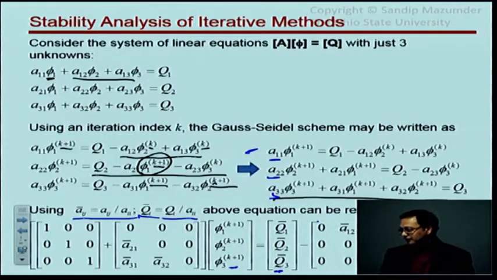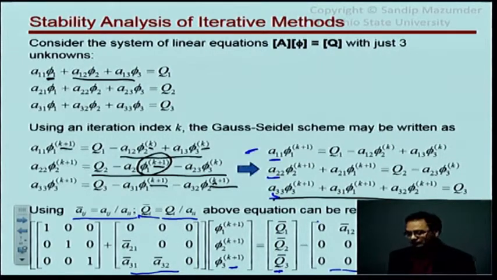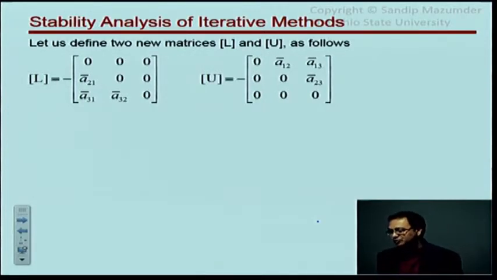So you see here that this matrix is a lower triangular matrix. This here is an upper triangular matrix. So we can define a lower and upper triangular matrix, and the custom is to define it with a negative sign. You can do the derivation with a positive sign too, but that's how people usually do it, with a negative sign.